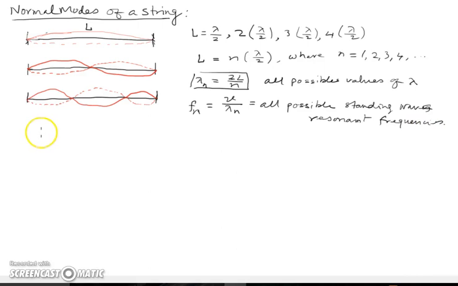Okay, so for example, we can say F1 when n is equal to 1, we can say V over lambda 1, and lambda 1 from here is 2L over 1, right? So V over 2L. So this frequency F1 is called the fundamental frequency.